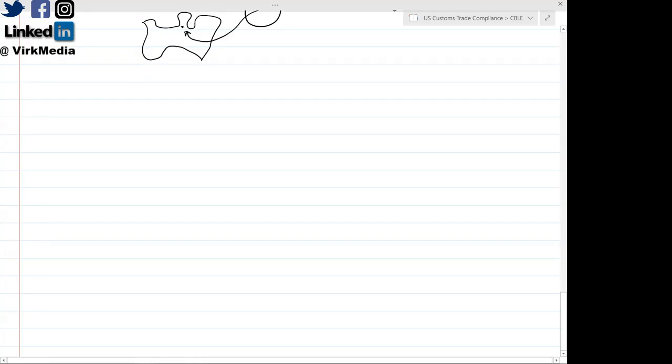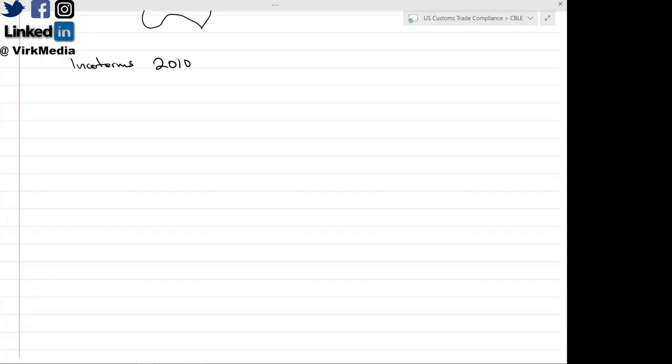So now let's talk about Incoterms 2010. In Incoterms 2010, we're going to be talking about two new Incoterms. It's going to have the three ones that we already discussed and two new ones. There are a couple others, but those don't really show up on the exam. So the two we're going to be talking about, as you start taking the exam from older exam to the newer exams, you'll start to see these two terms somewhere here and there. So that's why you need to know what these two extra terms actually mean.